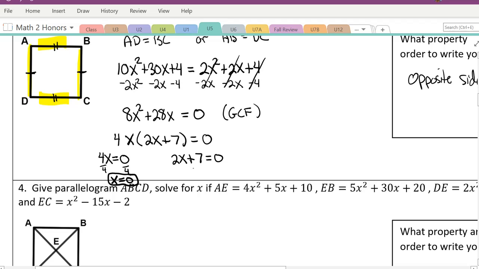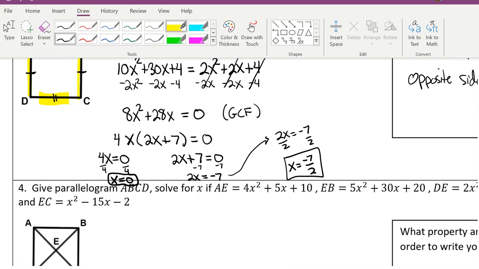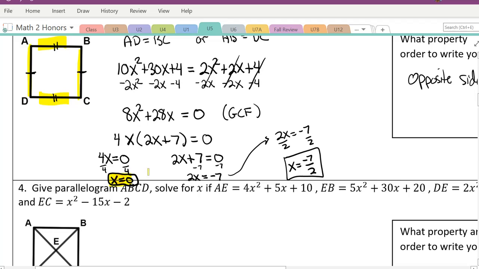And then here I'm going to subtract 7 from both sides and get 2x equals negative 7. I'm going to move that over here. And then I'm going to divide both sides by 2 and get x is equal to negative 7 over 2. And so we have two answers, x equals 0 and x equals negative 7 over 2.